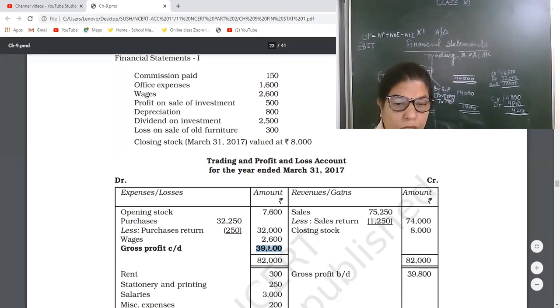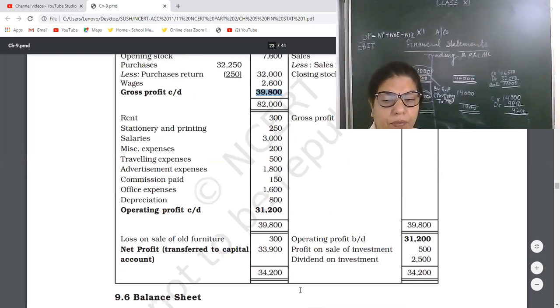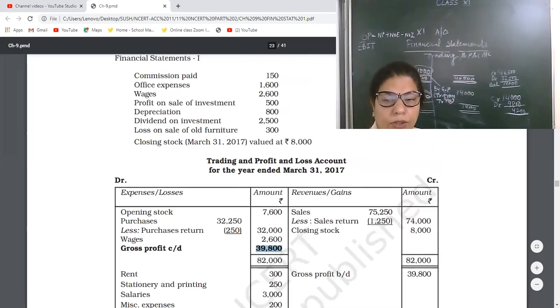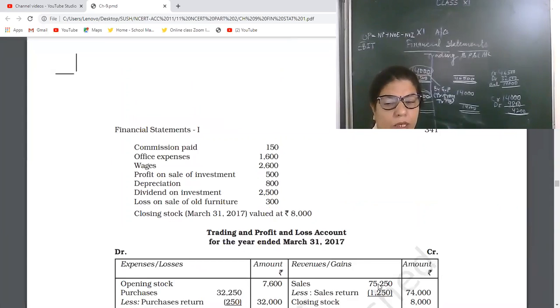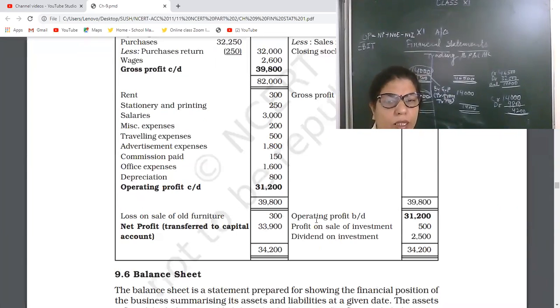Now see, this gross profit after two lines will be transferred to the credit. So this gross profit will be transferred to this side. So from here, P&L account will start. After two lines, profit and loss will start. Now one by one I am going to explain you again.